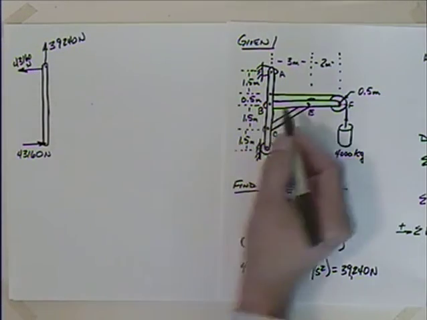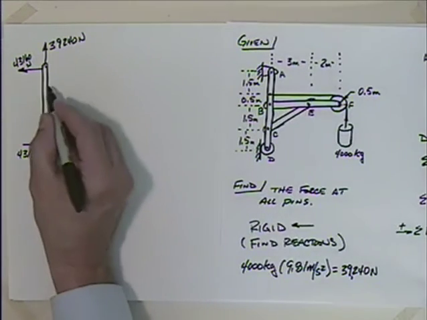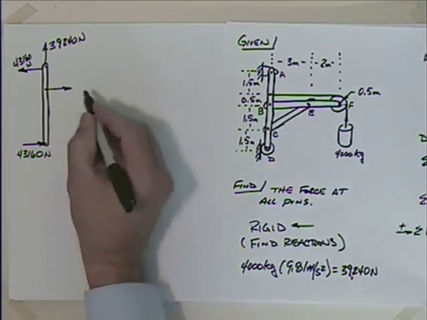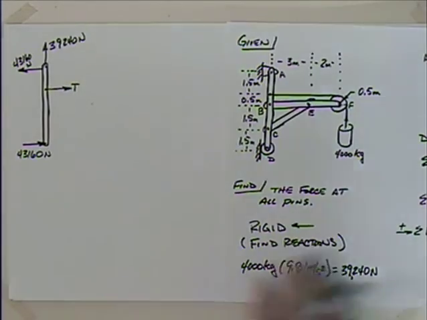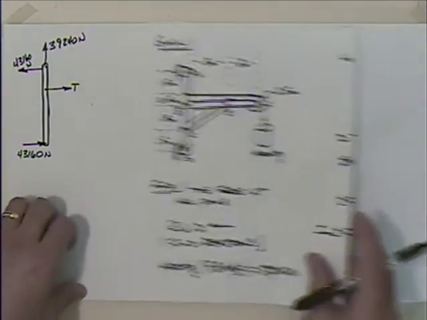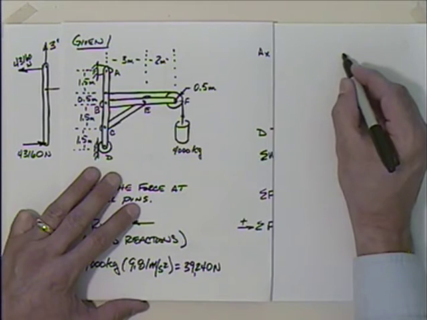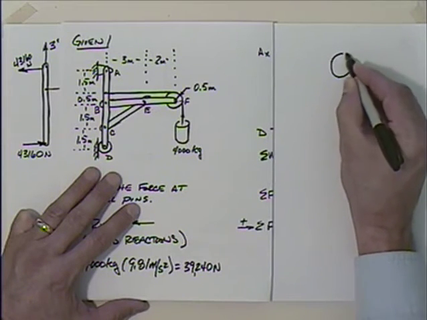What else is going on? Over here at this point here, I'm going to have a force that's equal to the tension in that cable. I will say something like that. And maybe we should look a little bit at that. If I were to do the free body diagram of this pulley, what's that going to look like?